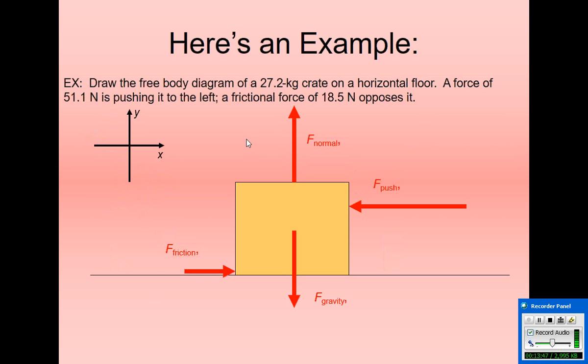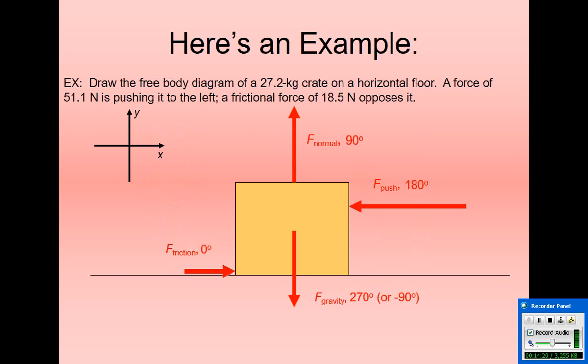If the y component of the acceleration is 0, the y component of the net force must be 0, which means that any upwards force must be balanced out by a downwards force. So I've drawn those forces to be the same length because I have no reason to think that this block is moving in the vertical direction. So those forces must cancel out. And there are no other vertical forces mentioned in the problem, so it's just those two.